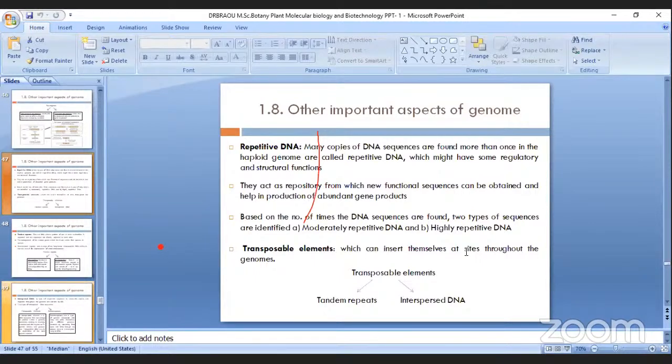This repetitive DNA acts as a repository from which new functional sequences can be obtained, and it also helps in the production of abundant gene products.